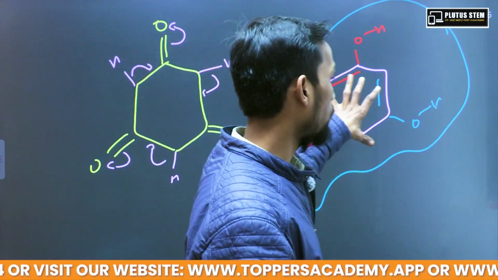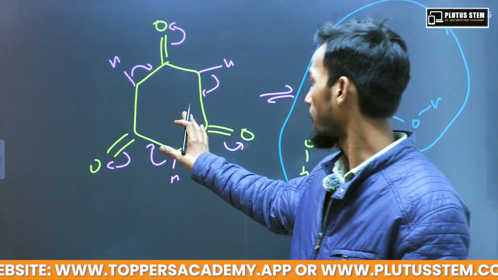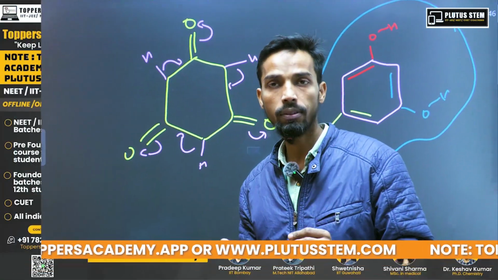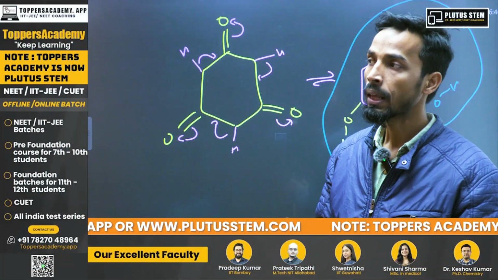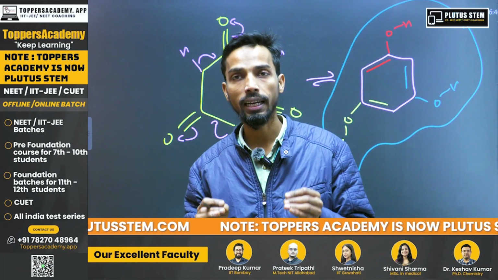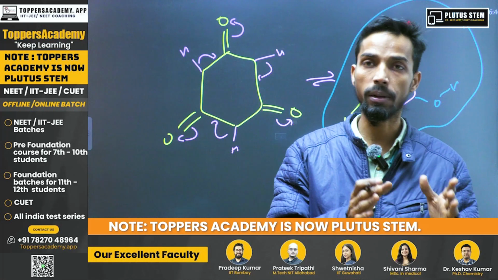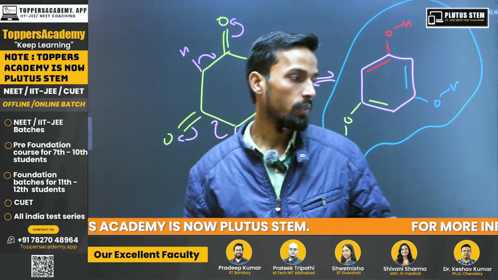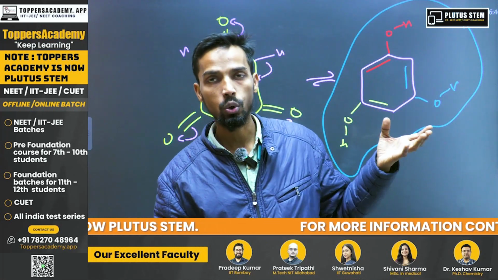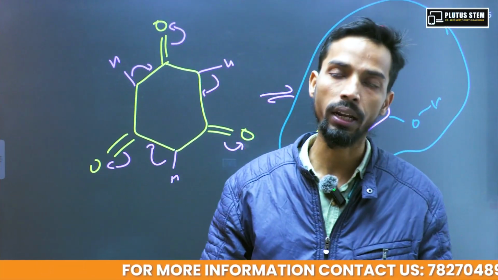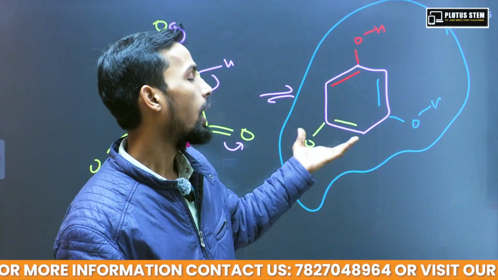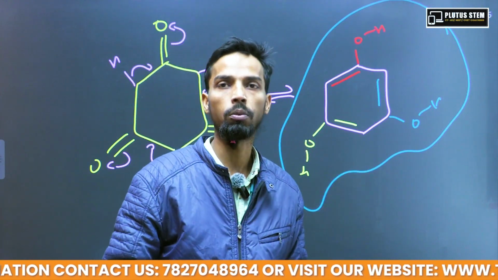So more content will be of this enol part rather than the keto part. In general, most of the time you get a ketone as the more stable moiety, but if some stability is gained due to resonance, conjugation or hydrogen bonding, then we get a higher content of the enol form also.